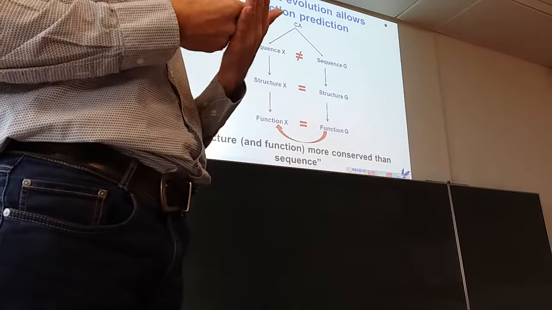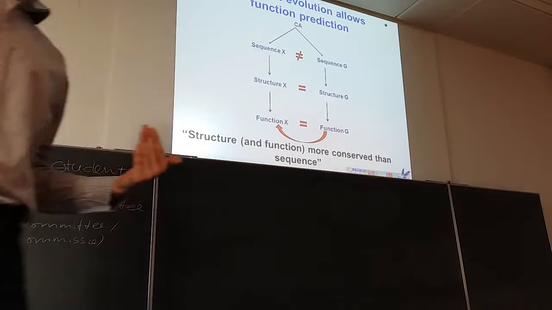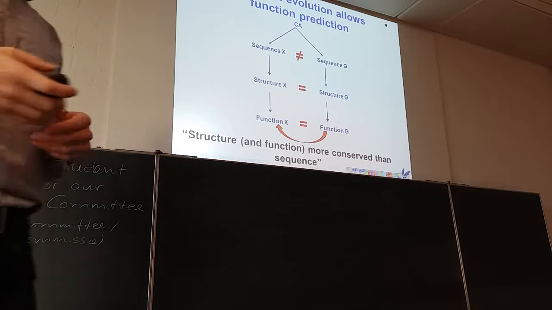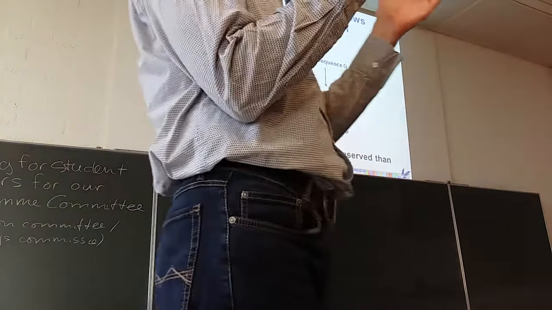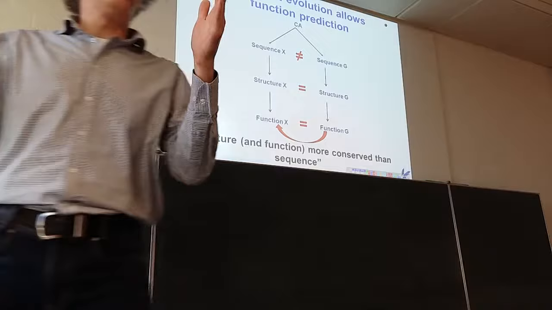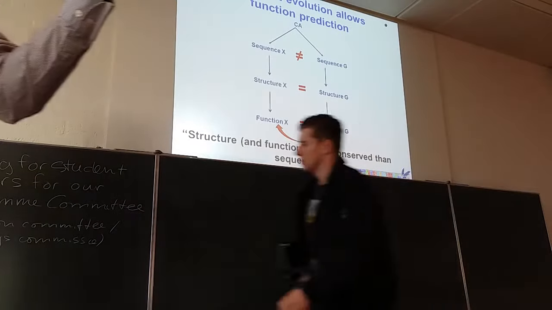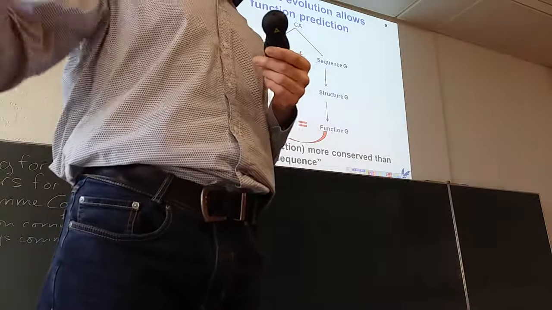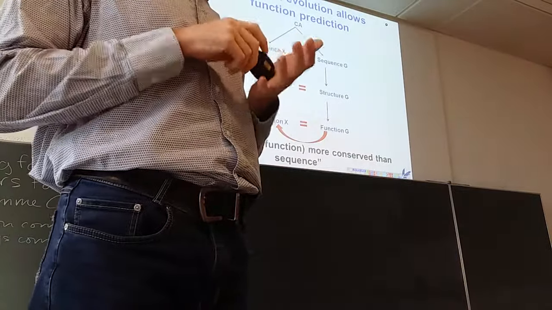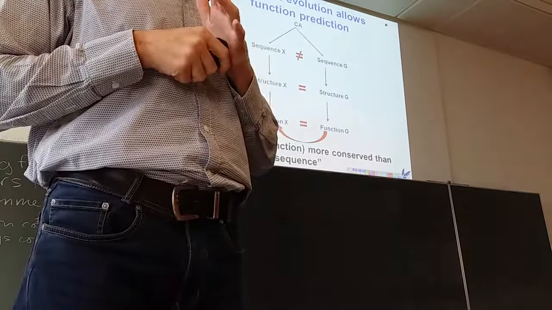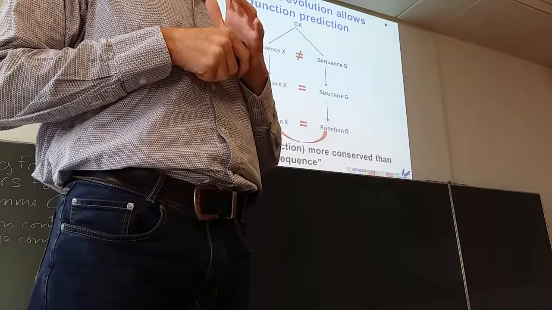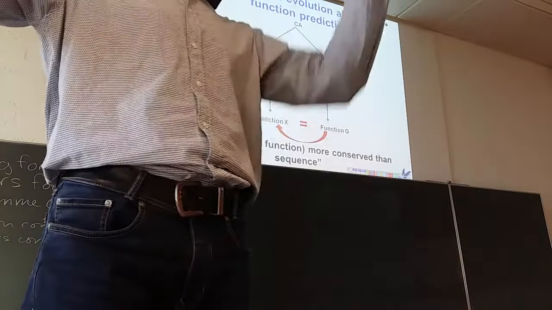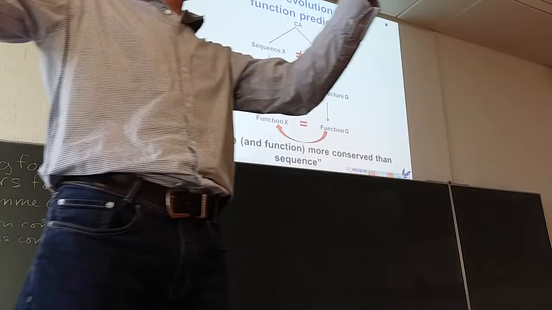If you align two relatively short proteins, or if you align two very long proteins, which one will get the higher alignment score? Yeah, right, because you have more matches to add up.